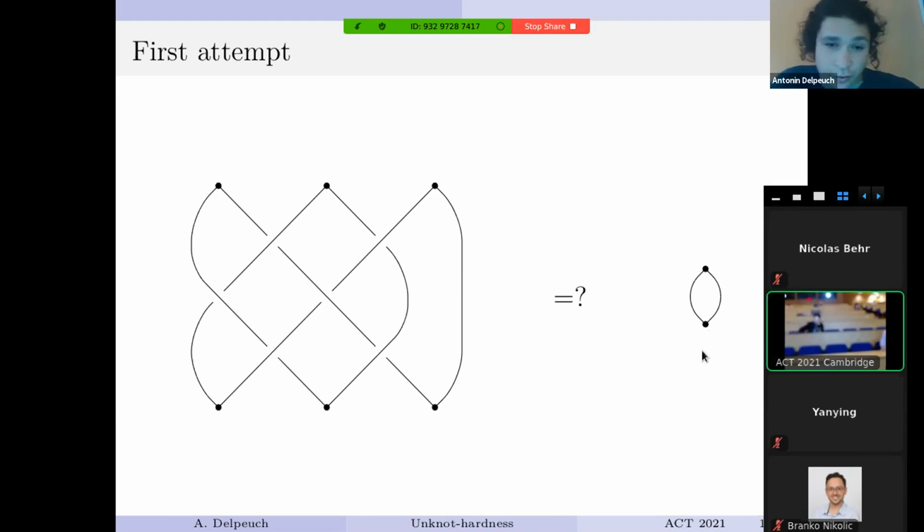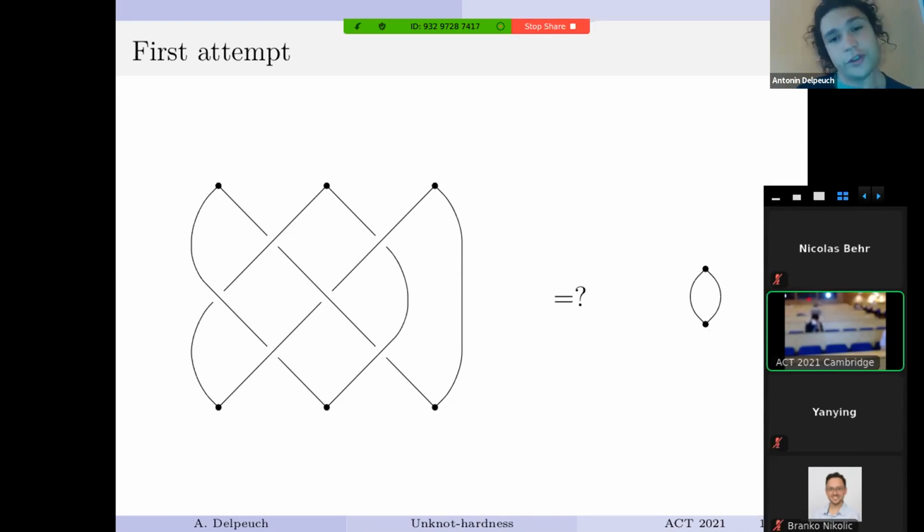Now the problem is this is really not going to work, because on the left-hand side you have 6 generators. On the right-hand side, you have 2. And that's something that's preserved by the braided axioms, so there's no chance this equality can hold. In fact, we can even come up with a stronger invariant, a bit finer.